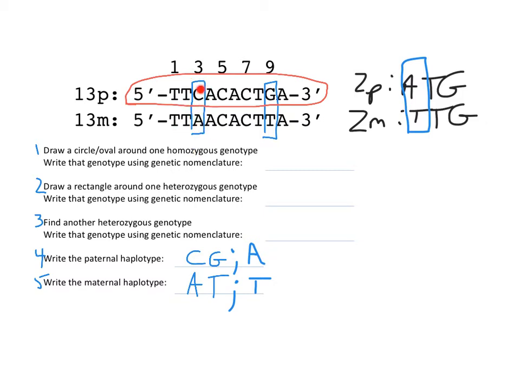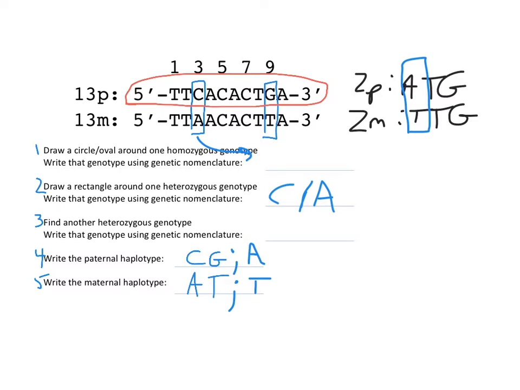When we look at them both on the same homologous chromosome, the 2 versions of chromosome 13, we use a slash. So that in genetic nomenclature would be C/A. Except I should have put that on the line for the heterozygous genotype. C/A. So that's a genotype.